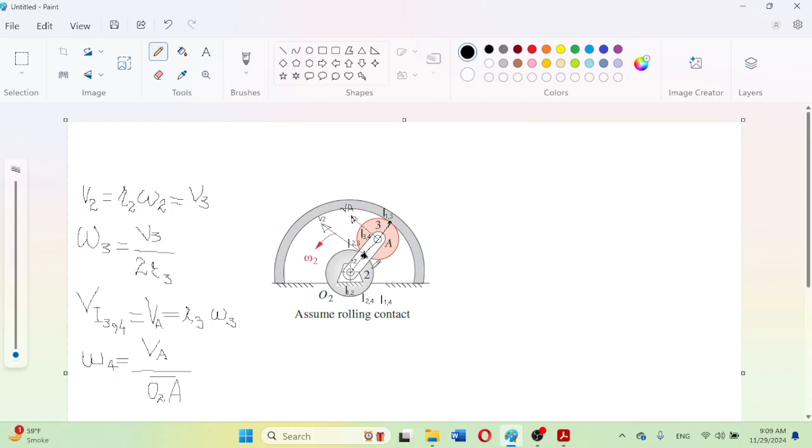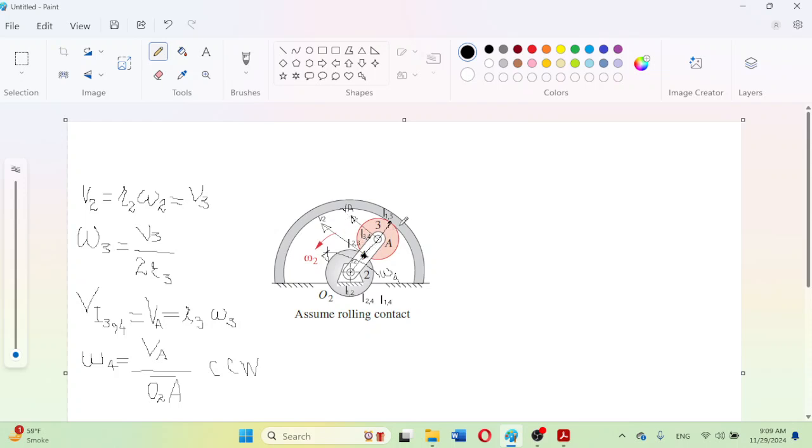So I can create the arrow symbol here. This is the direction of rotation of omega 4, and this rotation is counterclockwise. So omega 4 is counterclockwise.